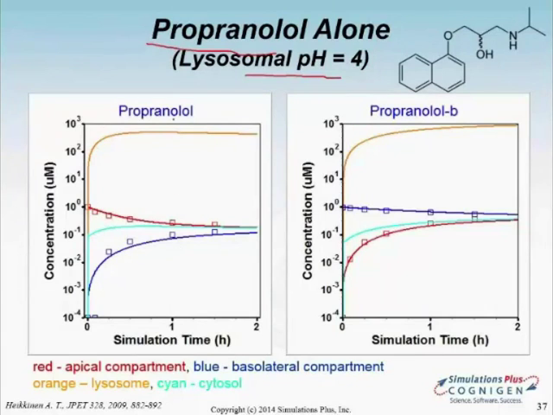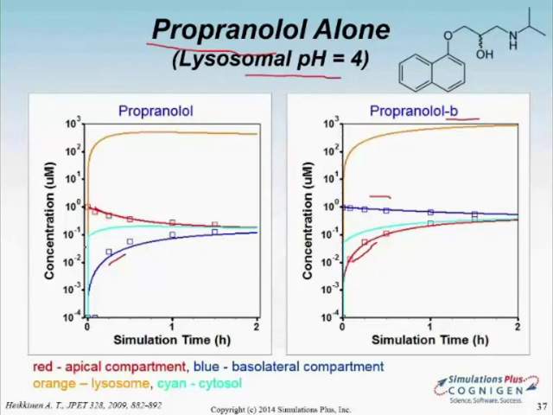The experiment was run in A to B direction as well as B to A direction. Here, the red is the apical compartment. It was a donor compartment in this experiment, acceptor compartment in this one. Blue is basolateral compartment, and you can see the simulated lines are nicely matching the experimental data shown as points for each of these systems.